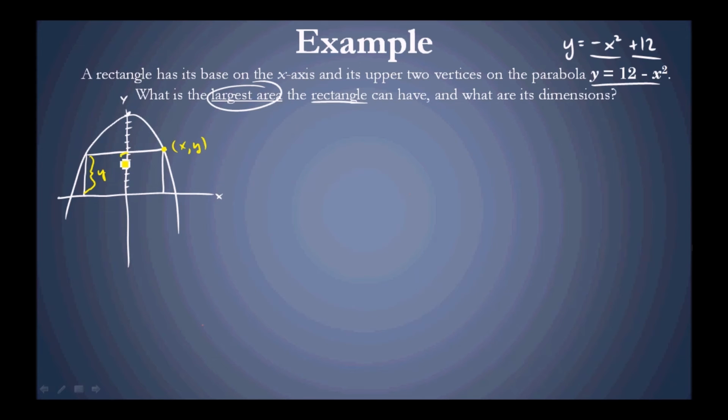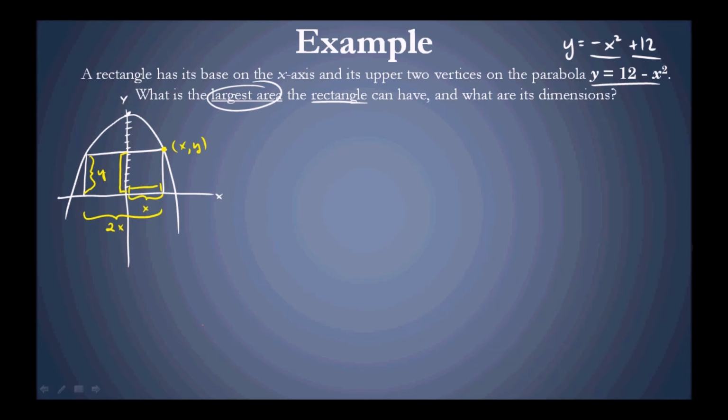It's this distance above y equals 0. We also know that this distance is equal to x. It is this far to the right of x equals 0. So we know that this entire base is equal to 2x.